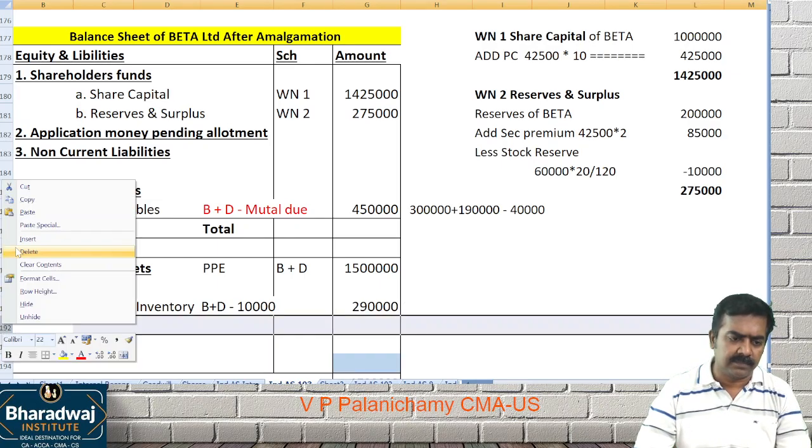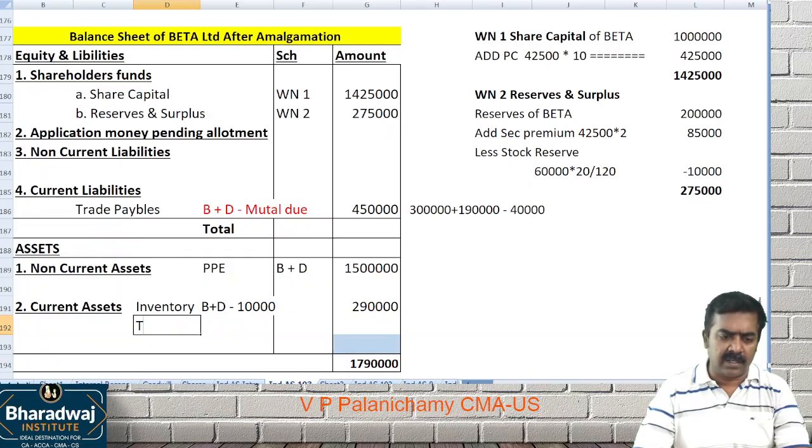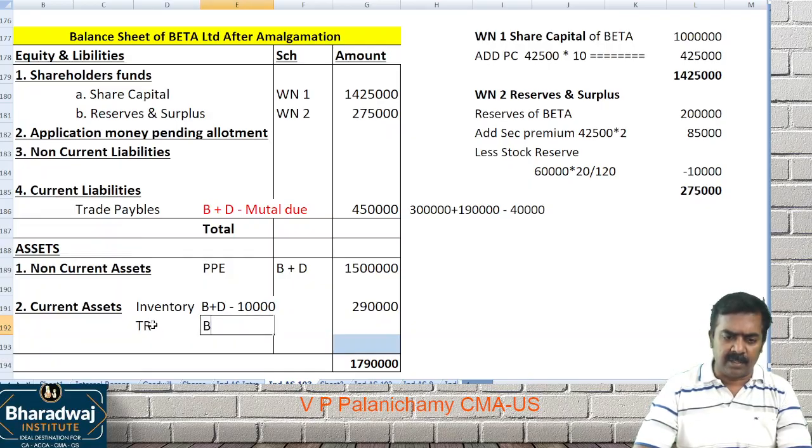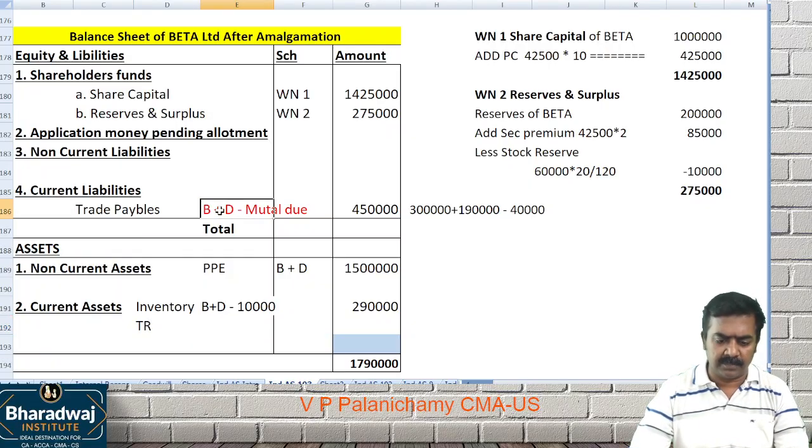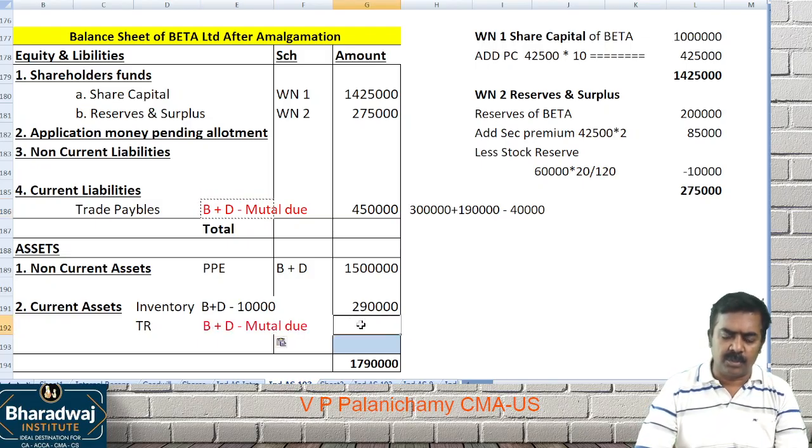Where is it? Trade receivable, beta plus delta minus mutual due. Beta plus delta minus mutual due.